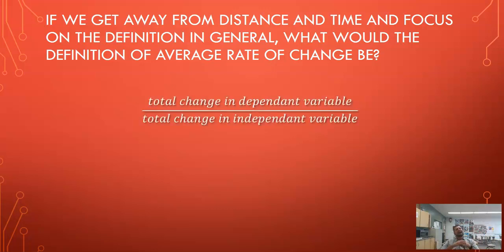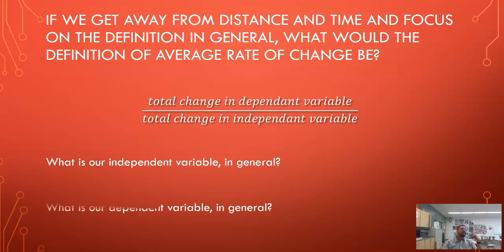One way we can say what's happening in these problems is that an average rate of change is the total change in the dependent variable divided by the total change in the independent variable. The independent variable is for the most part our x values. That relates back to time in our original example. And our dependent variable in general is usually y. That's the distance that's been traveled.